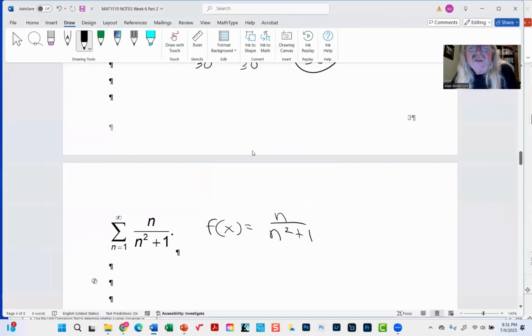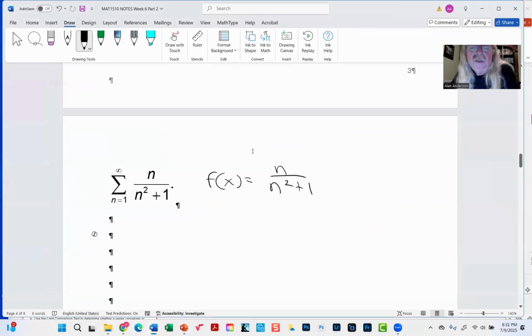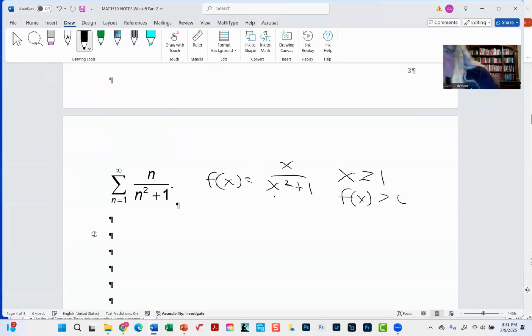So what they're going to have us do is make sure of this. By the way, I should make this x. Based on the way this is written, as long as x is at least 1, f of x is going to be positive.